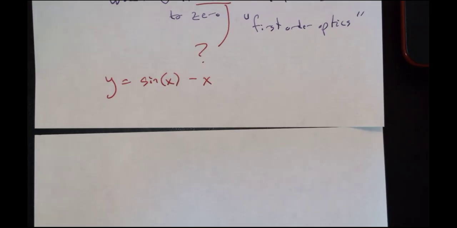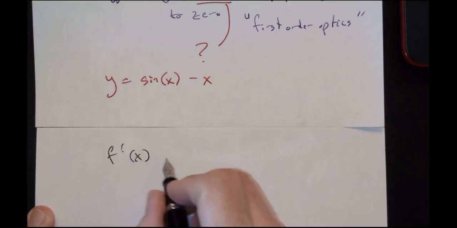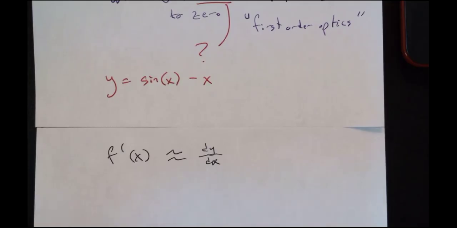I can also think of it as an error, right? And I talked about this when we talked about how far off I could be. What's my allowable error? We did this with the square roots as well. When I do an approximation, what I'm really saying is that if I think of dy/dx like a fraction as opposed to a limit, then that's a rough equality.